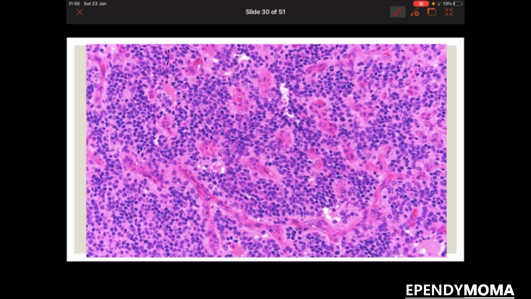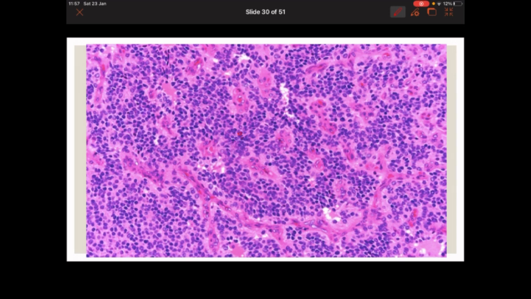Then we would like to see another glial tumor, ependymoma. Ependymoma can develop in patients of any age, and it commonly occurs along the ventricular system. Histology shows the presence of small cells.